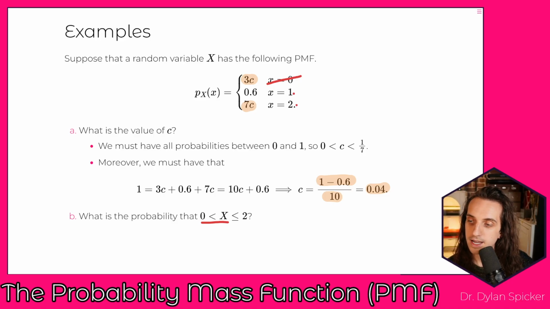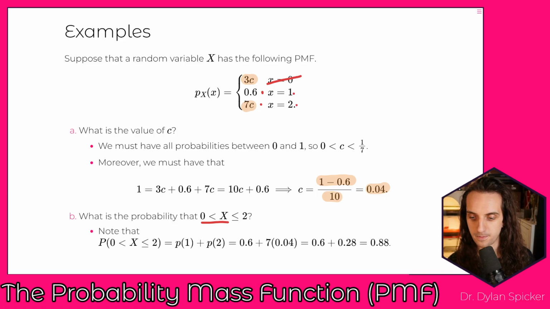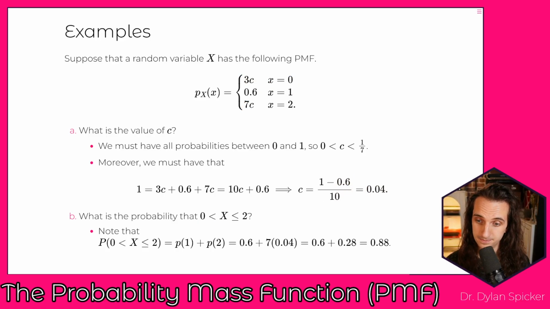We take the probability that x is equal to 1, which is 0.6, plus the probability that x is equal to 2, which is 7 times c, and we know c is 0.04. So 0 less than x less than or equal to 2 is the probability that it's 1 plus the probability that it's 2, which gives us a total probability of 0.88.